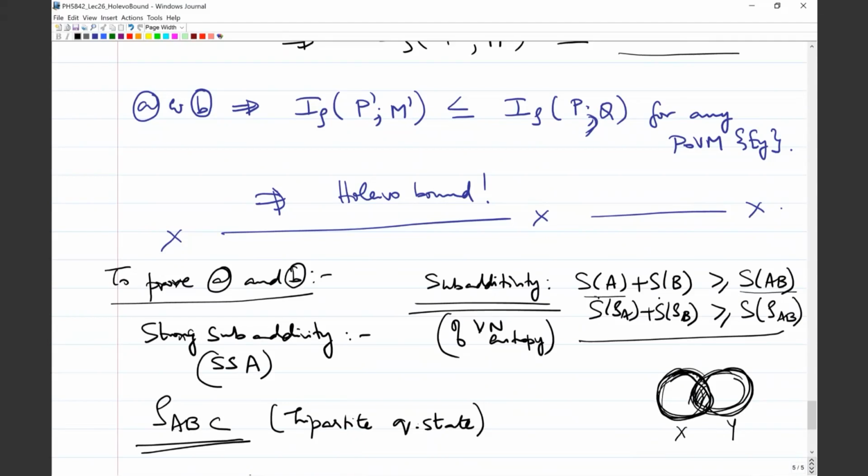But quantumly, you can have the individual S_A being greater than S_AB, and S_B being greater than S_AB.